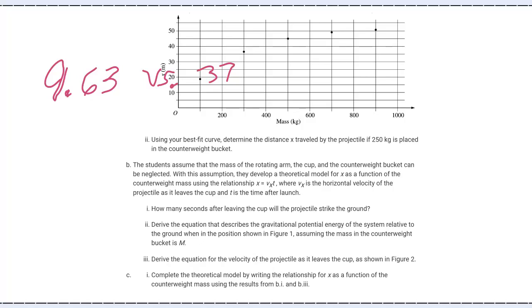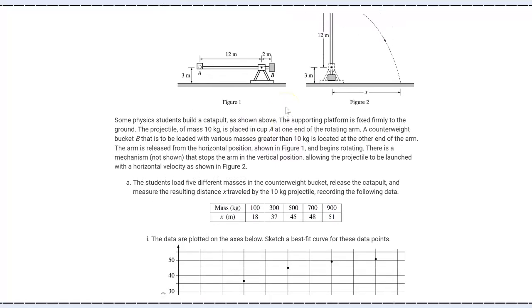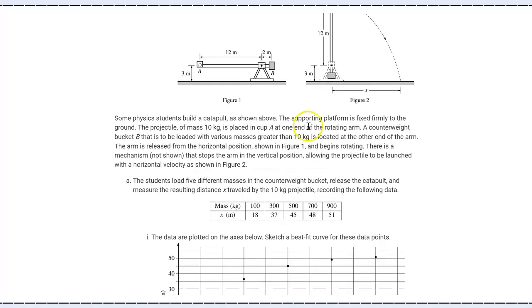Well, we could offer a few reasons. We could say we neglect the mass of the rotating arm. We neglect the mass of the catapult. We neglect some masses and we don't really account for them, and in reality they do have masses.